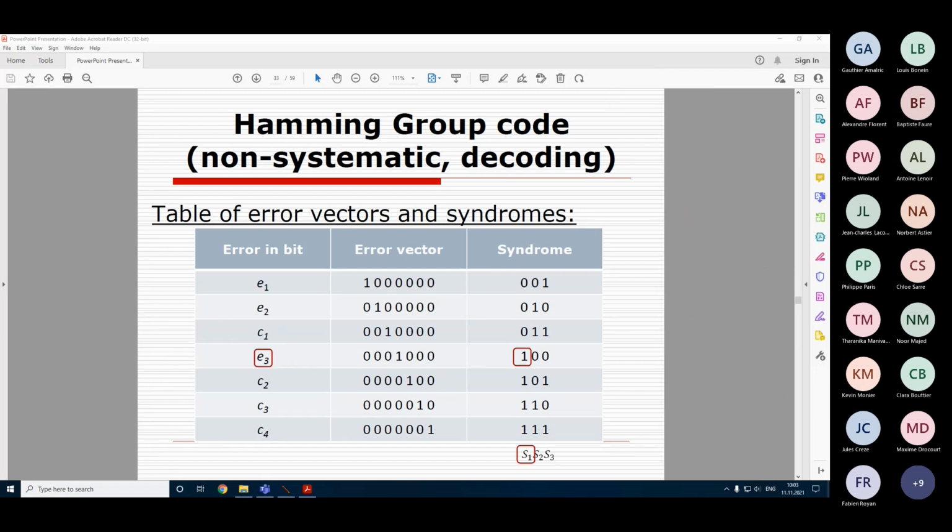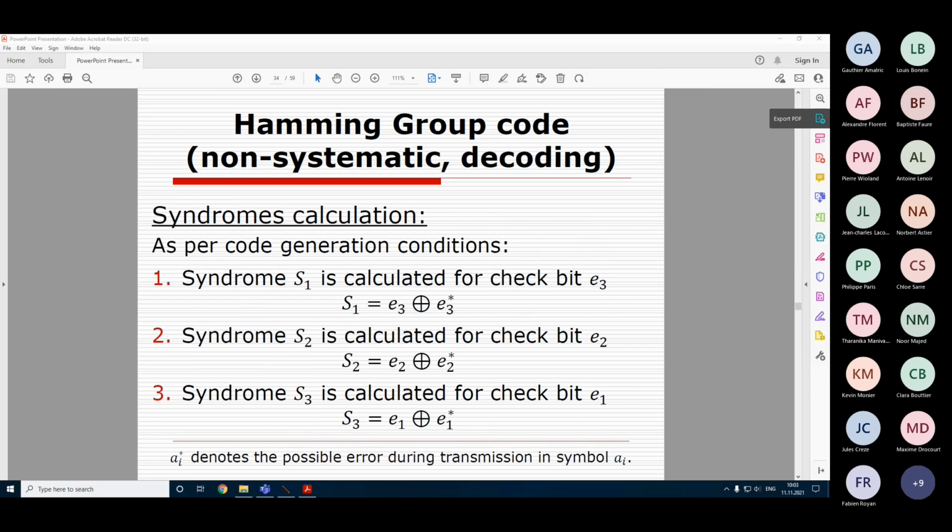So to summarize, what we do is we perform the same algorithm again at the receiving side and compare the results, what we have calculated, with what has been provided in the code word by the transmitter in the place of the control symbols. If these symbols are the same, we don't have an error.